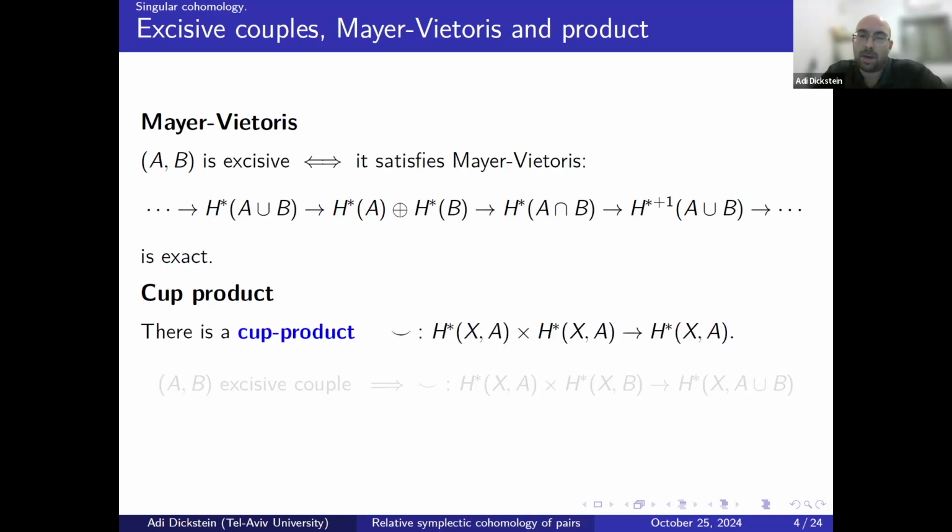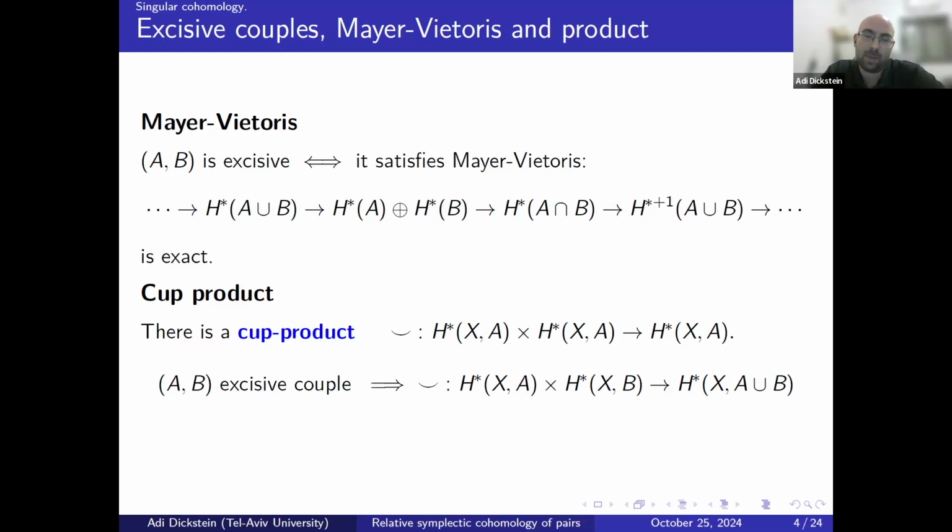So this is a product on the cohomology of the pair (X, A), and we can also define a map from the cohomology of (X, A) times the cohomology of (X, B) for two sets A and B. But in the general case, the target will be the cohomology of (X, the intersection). If we want to upgrade it to the case of (X, the union), we have to assume that our couple is excisive.